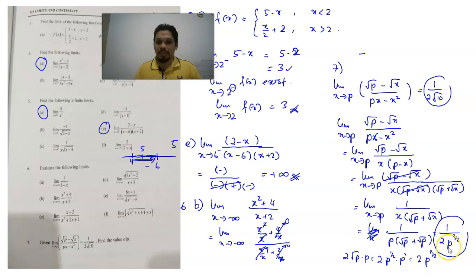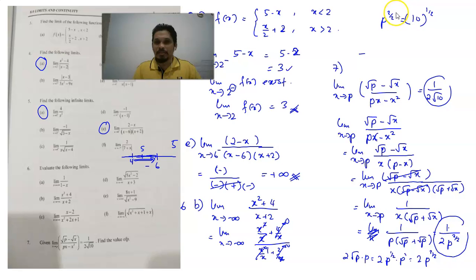So let's compare. For 1 over 2, 1 over 2 equal, right? So we just compare P power of 3 over 2 equal to 10 power of half.